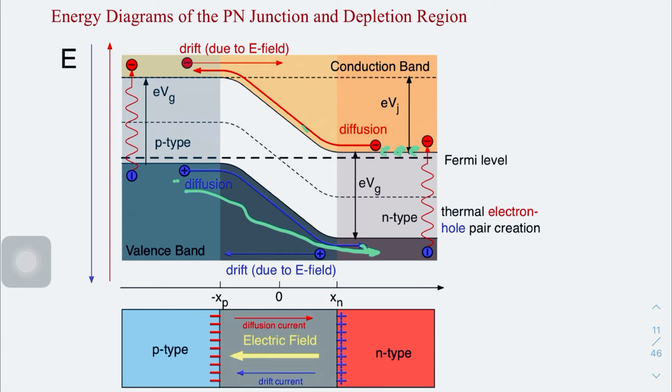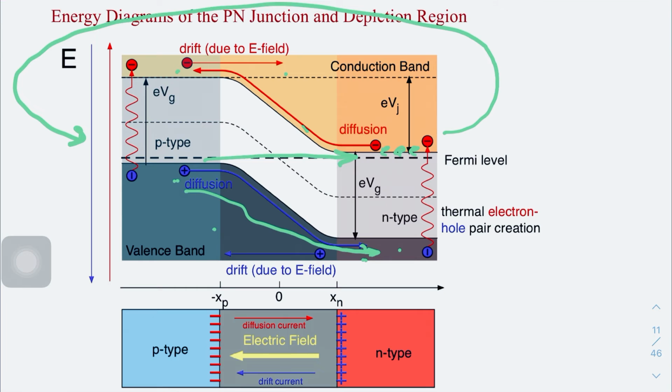And the direction of the diffusion current inside the p-n junction is from p to n, and it is from n to p outside the junction. But minority carriers, which are electrons in the conduction band of the p side and holes in the valence band of the n side, can go from the p side to the n side under the effect of the electric field, and also holes from the n side to the p side.